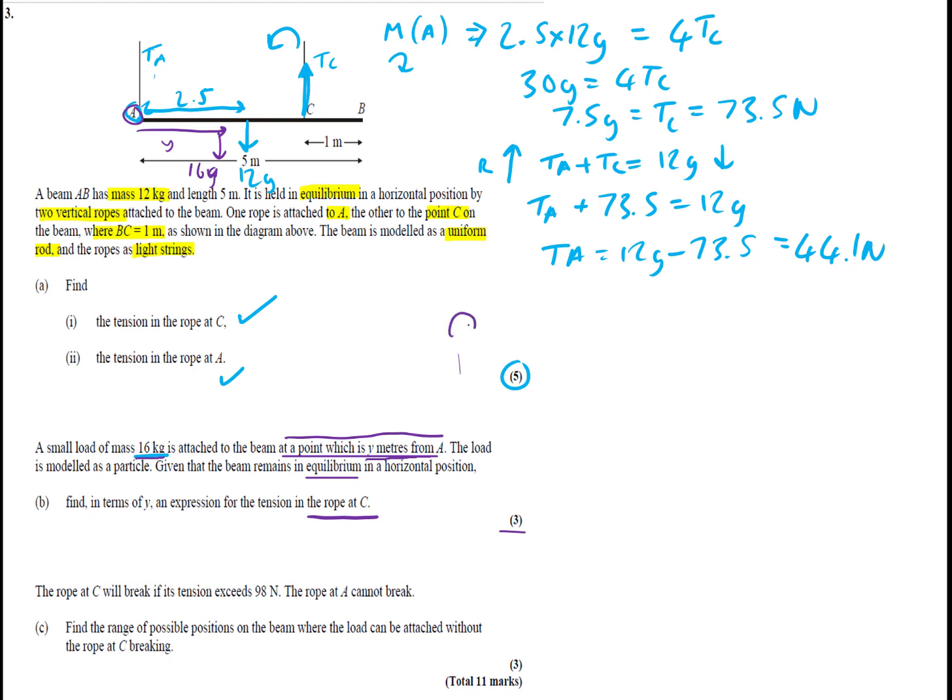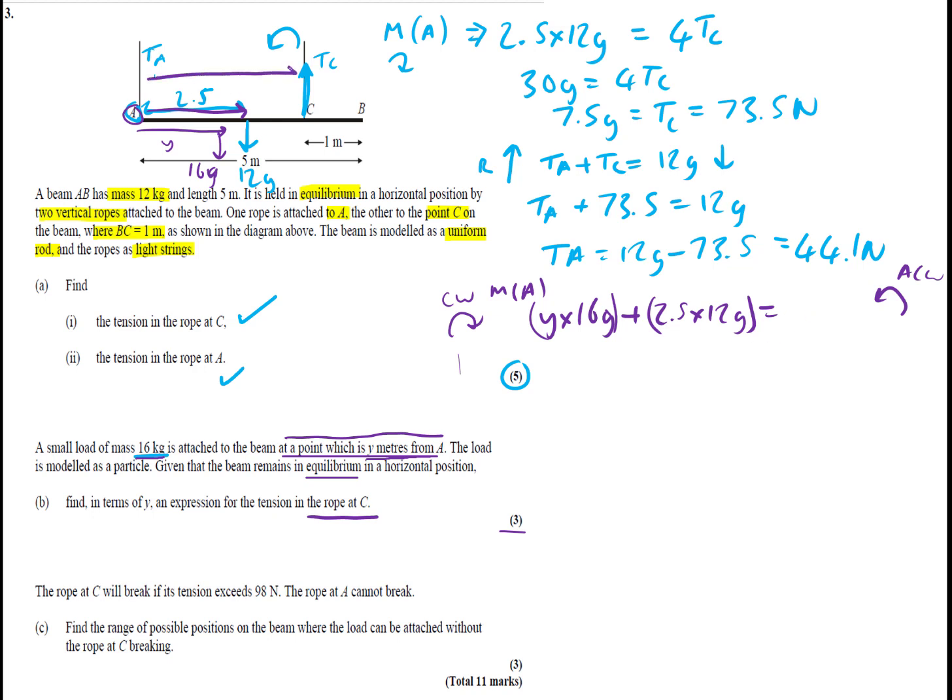So let's look at the clockwise, and then also it's a moment about A. So we have Y times 16G plus the 2.5 here times 12G, and you don't need brackets, but let's just keep that together, and that's got to equal the anti-clockwise from the tension here, and that's 4.